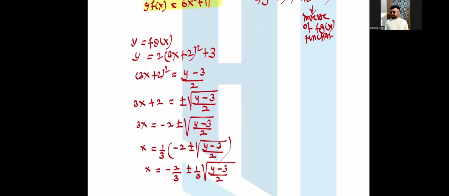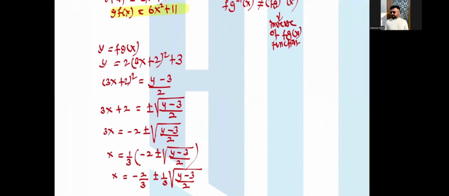But I need to decide if we have to keep the positive sign here or the negative sign. For that purpose, we need the range of the inverse of the fg(x) function, and for that we essentially need the domain of the fg(x) function.